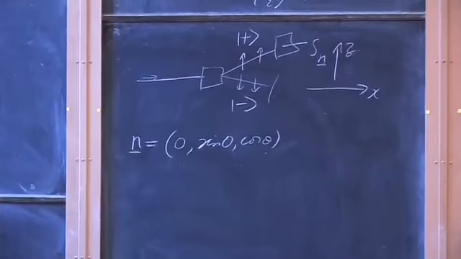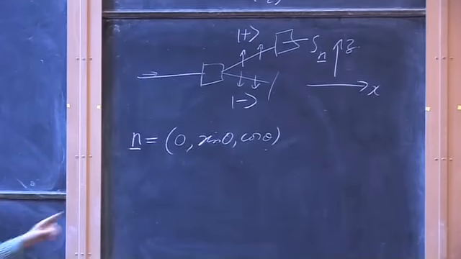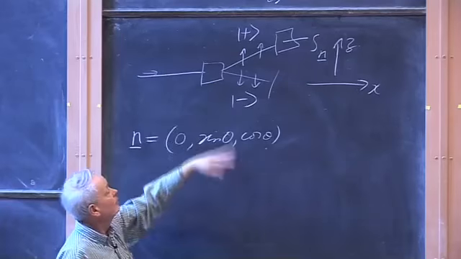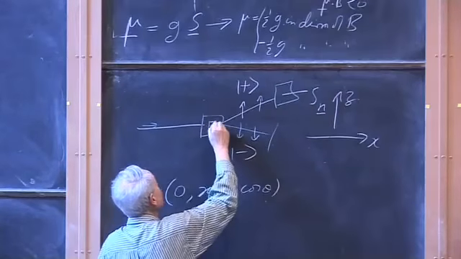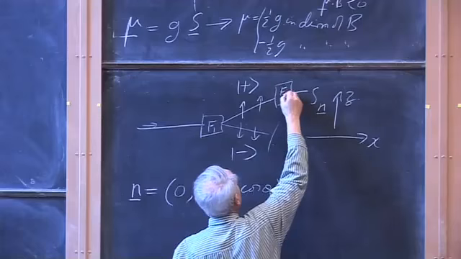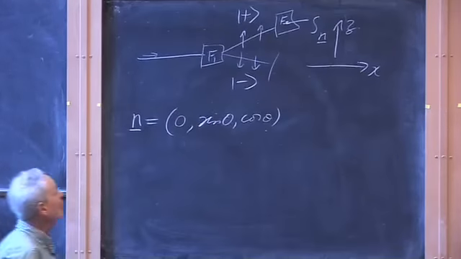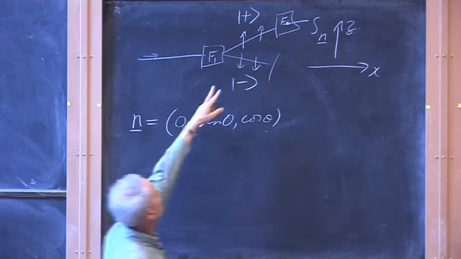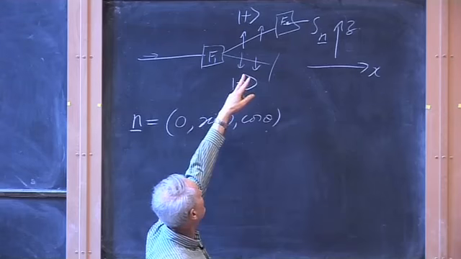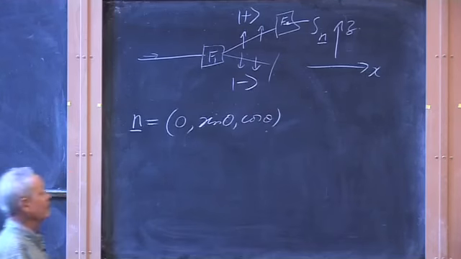And what we want to do is calculate which fraction of the atoms will survive, will get through the second filter. So this is the filter F1, this is the filter F2, and we want to calculate the probability that an atom gets through both filters. Or let's focus for the moment on the probability that an atom that has got through the first filter gets through the second filter.